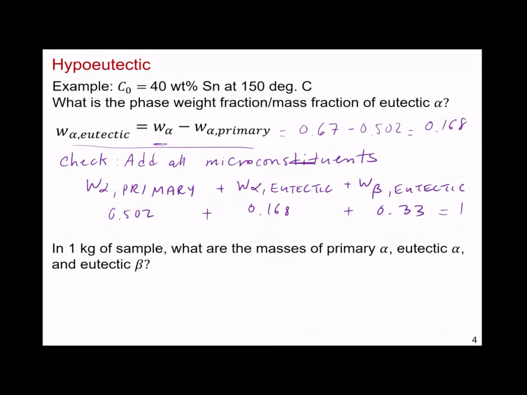So if you have a certain mass, let's say a 1 kilogram sample, what are the masses of each? Well, I picked a nice number, obviously, for the sake of this example, but you would just multiply your fraction by the mass, right?